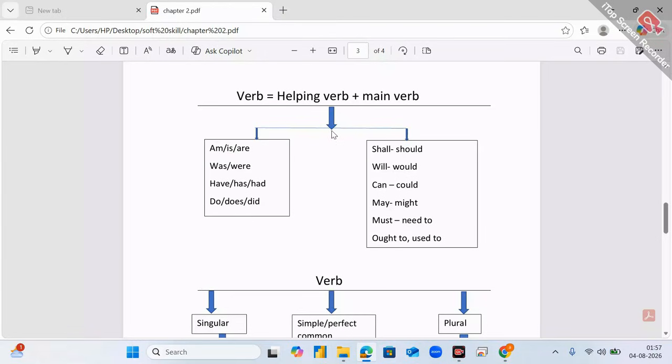And shall, should, will, would, can, could, may, might. All these are the helping verbs which we are going to use in coming sentences and day-to-day life.